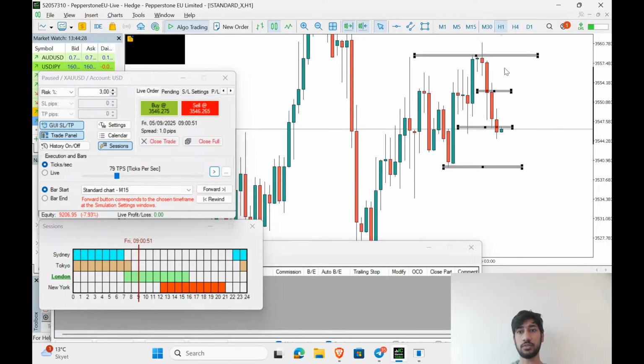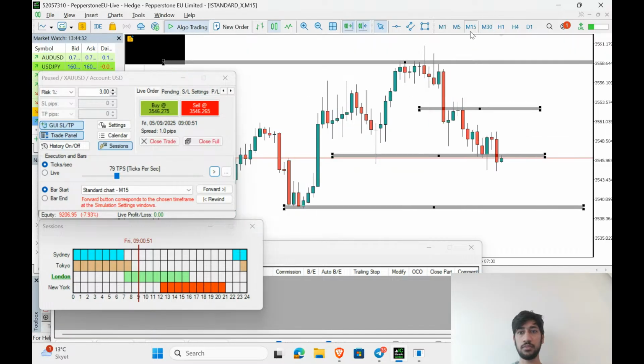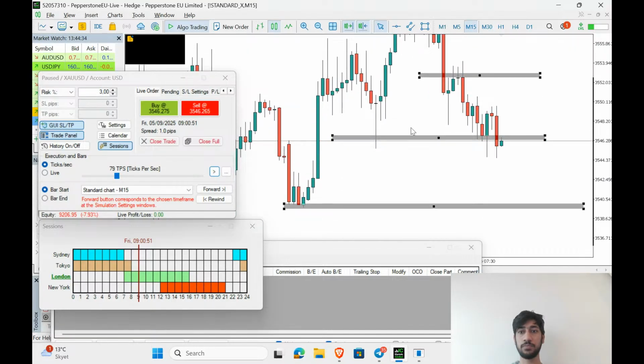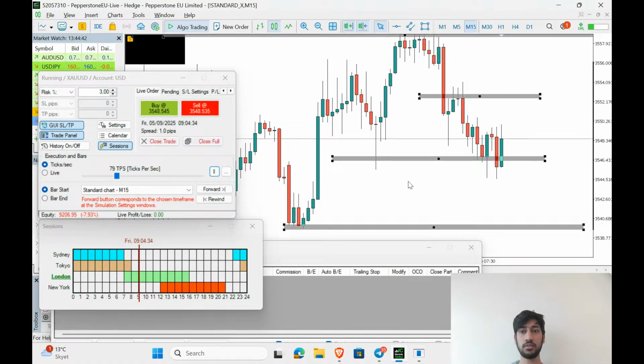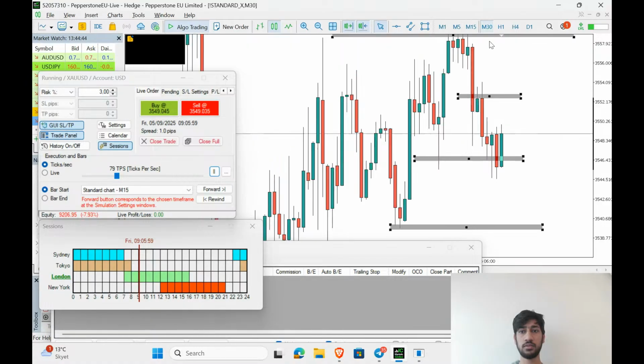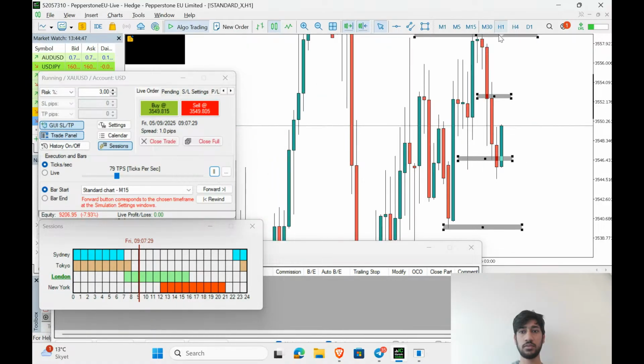Perfect setup. H1 closing down, H4 breaking the low, M30 breaking the low, M15 moving up. If it breaks its own low, which we will not. H1, yeah.